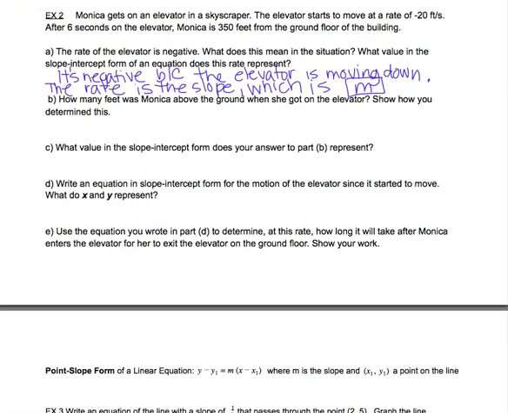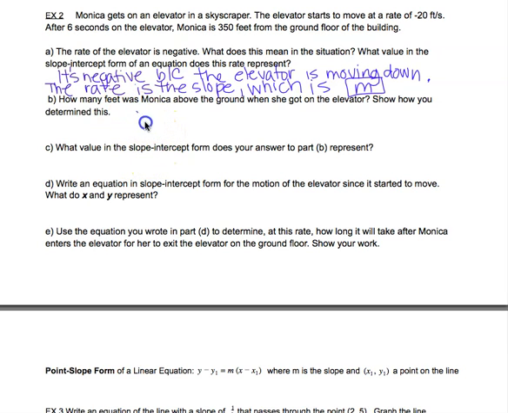So when she got on the elevator, that would be her initial amount. Which they don't tell us, but they do tell us that after 6 seconds, Monica's 350 feet from the ground floor of the building. So because I don't know it, I'm just going to make that a variable.